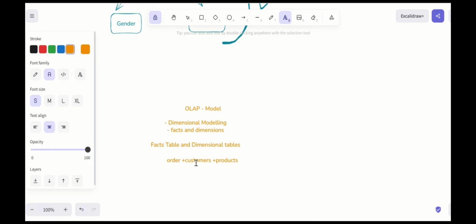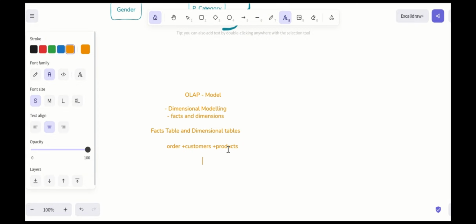So the tables that will come from this combination, some of them will be fact tables and some of them will be dimensional tables.